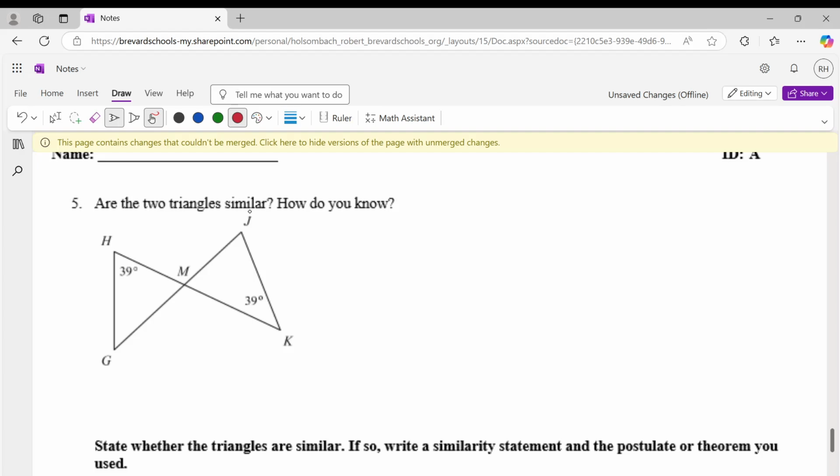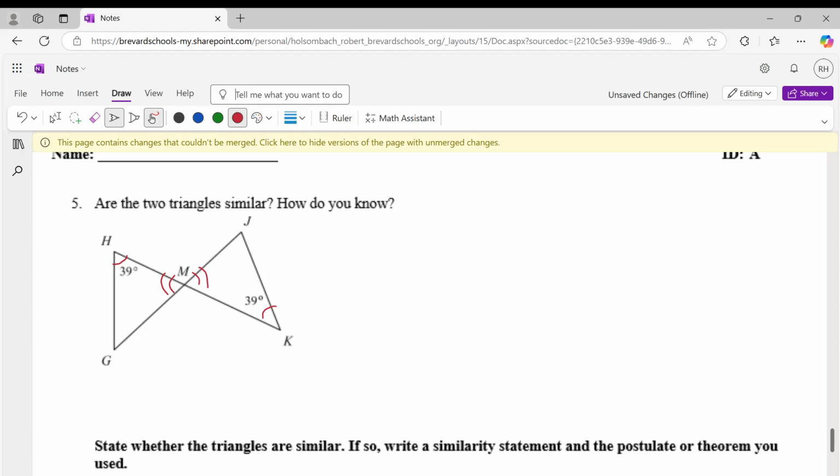Problem number 5, are the two triangles similar? How do you know? All right, we've got a 39-degree angle congruent to a 39-degree angle. In the middle of this bow tie, we've got a pair of vertical angles. So this angle is equal to this angle.